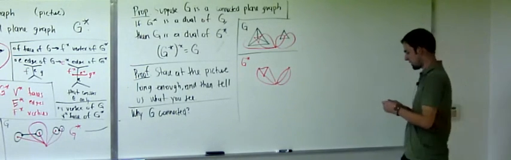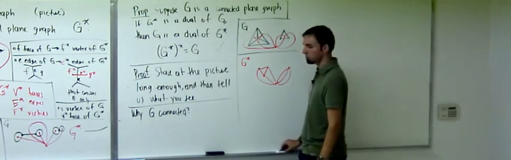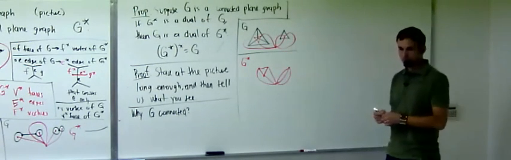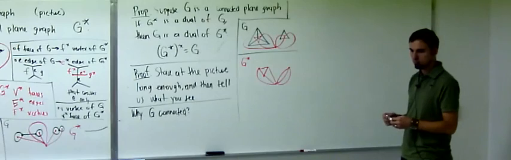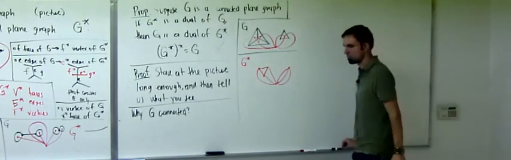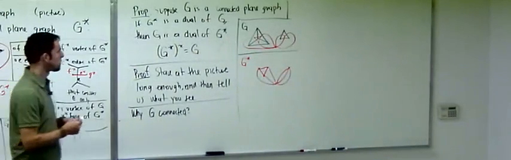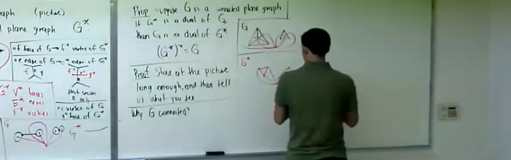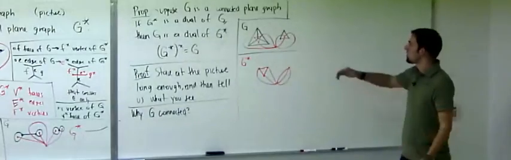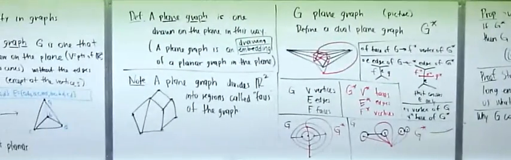So we can already say, because you can define the dual of a not connected graph, that the dual of any planar graph is connected. That's the first thing that's true: if you start with any plane graph, connected or not, the dual is connected.